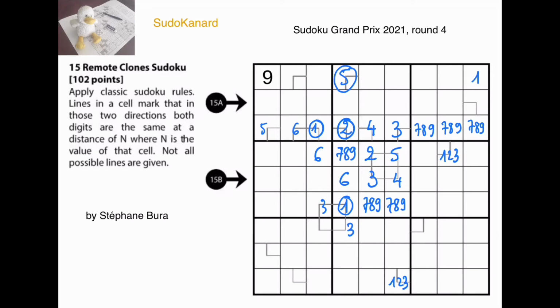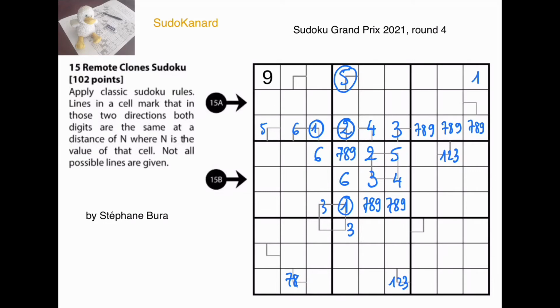What next? This 6 clones this into that. So this cell is 7, 8, 9. But 9 would never go into a cell with a symbol, because no digit is at distance 9.